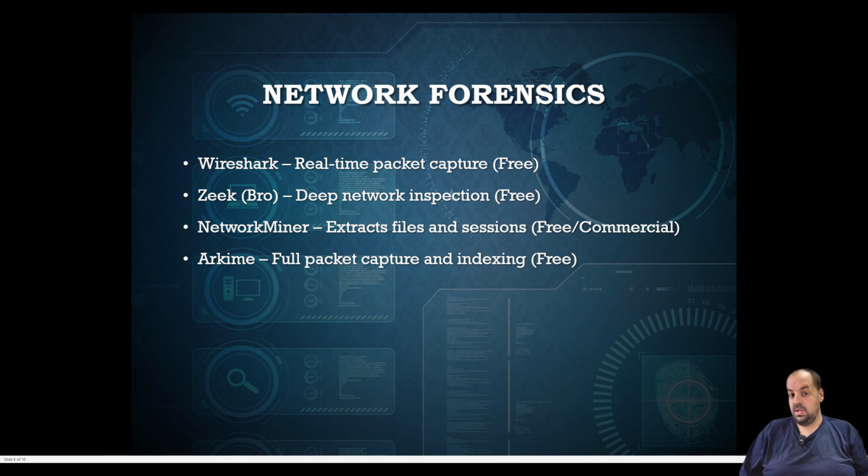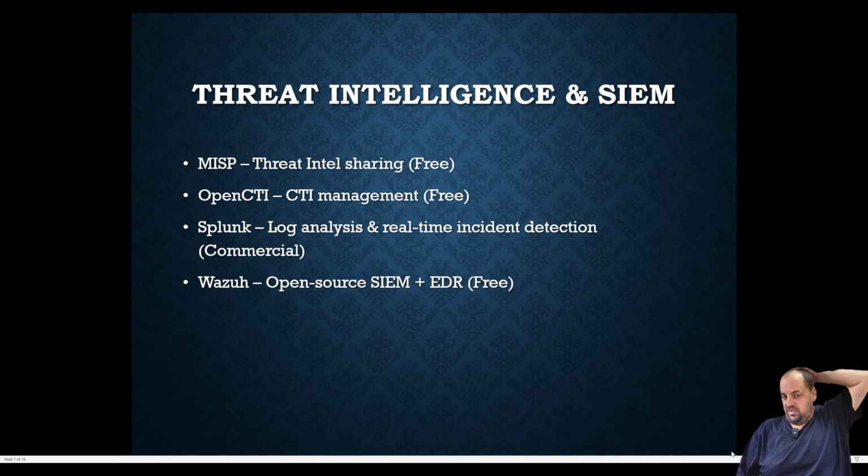It's very good. You can also use NetworkMiner, which allows you to extract files and data flows. Also Arkime is a full solution for capturing and indexing all the network traffic. So that is the part of network analysis.